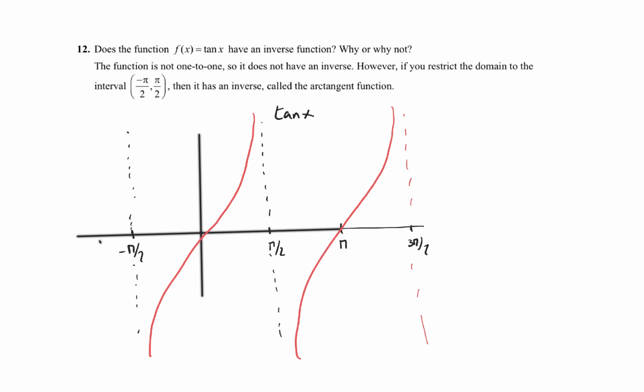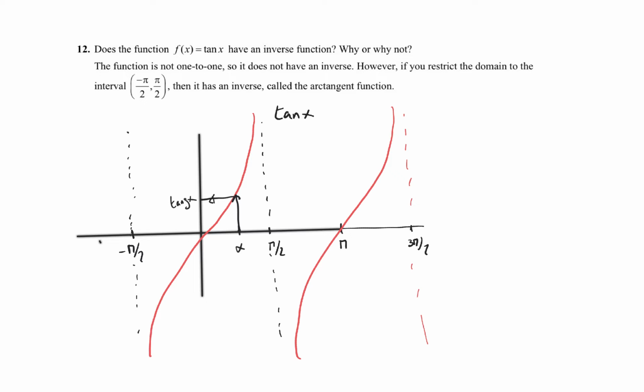So the question is, does this function tangent of x have an inverse function? Well, from this x, the function f of x, tangent of x, will be this one. So this point will be tangent of x. If an inverse function exists, the inverse function will do the opposite thing.